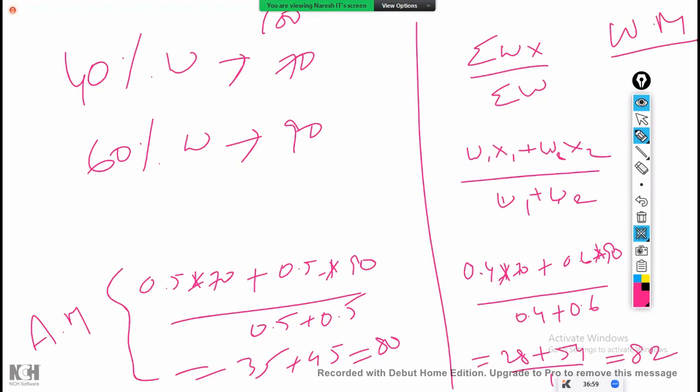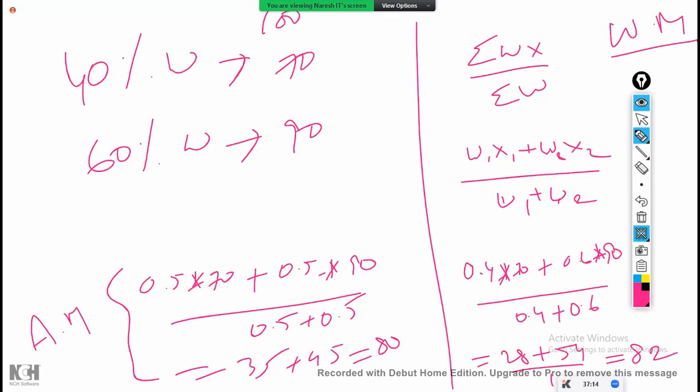So, sir, when do we apply the weighted mean and when the arithmetic mean? If everything has the same weightage, go with the arithmetic mean. If everything has a different weightage, then apply the weighted mean.